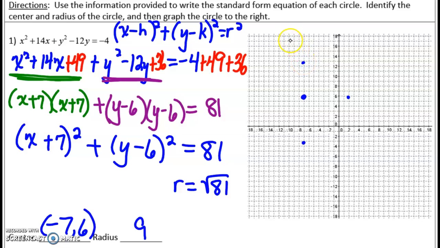Nope, I lied. Be 15. Hopefully I hit it. No, I think I got one wrong there. I think it's right here.